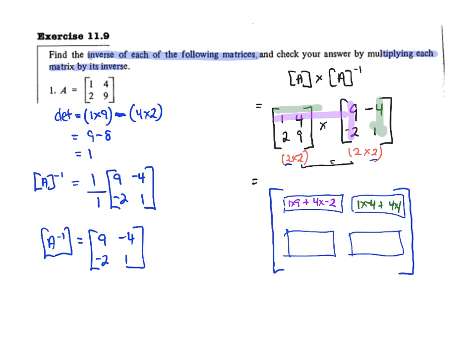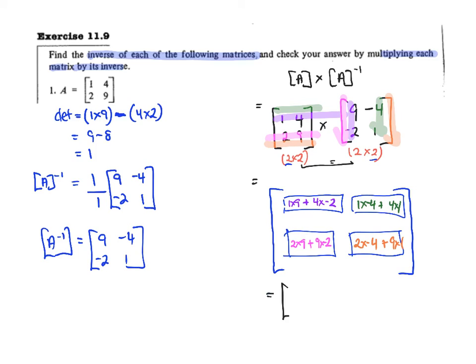Let's do the next one. It'll be row 2, column 1. So that one will be 2 times 9 plus 9 times -2. Yeah. And one last one. It'll be row 2, column 2, which will be 2 times -4 plus 9 times 1.